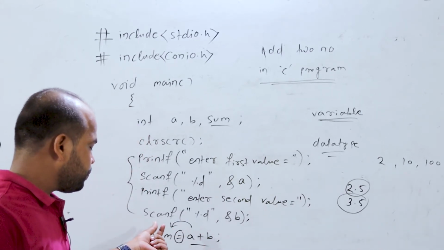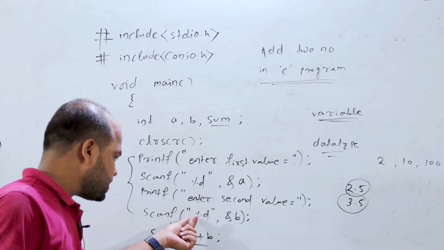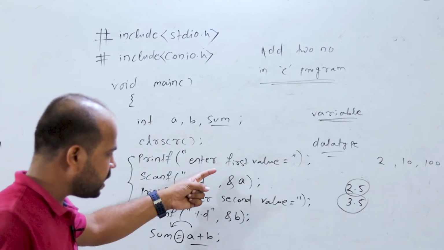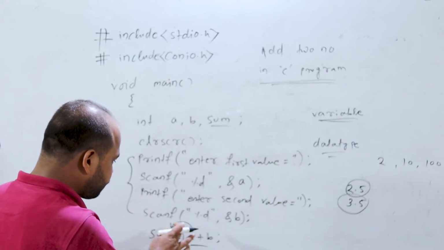So here there will be a value which will be assigned to some variable after the addition of the first value and the second value.